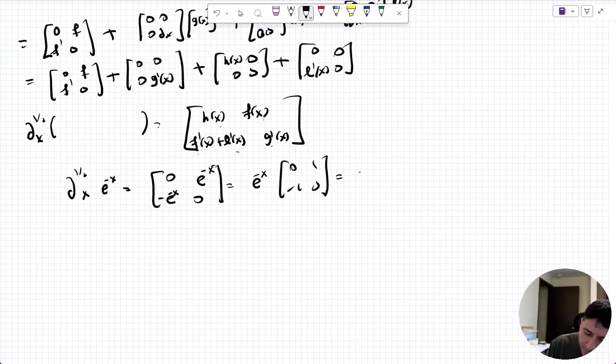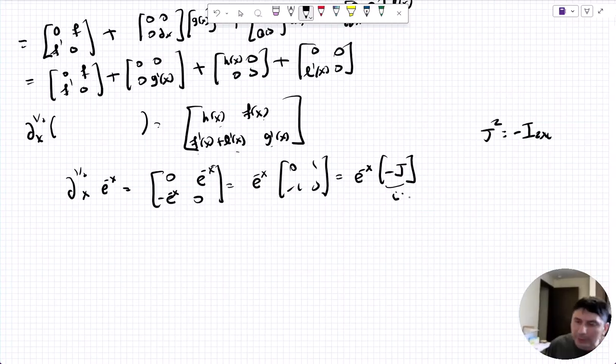And this is nothing more than e to the minus x times the J matrix, where J squared is equal to minus the identity 2 by 2. So it's a root of unity, right? So in a way, this is equal to I basically, right?